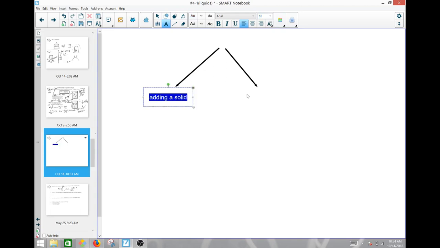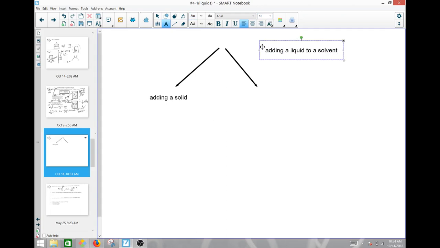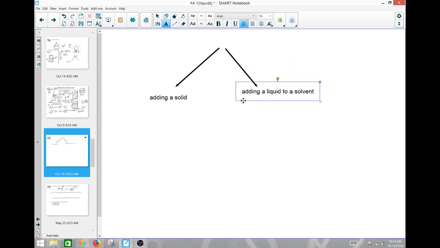And then the other one would be literally adding a liquid to a solvent. So in this case, another name for this second one, we just did that first one, where we could solve that first problem, was just the same thing. Dilution.